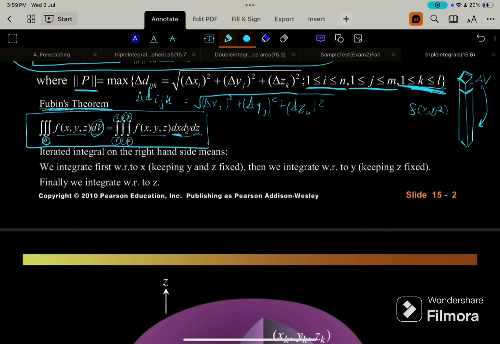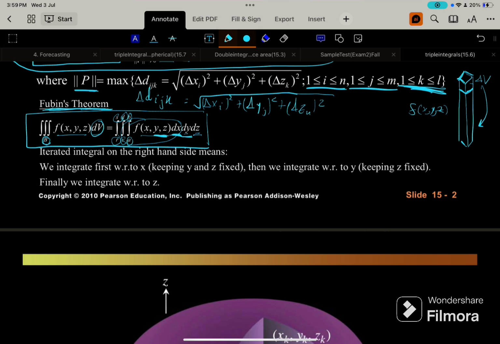And so the iterated integral on the right just means that we integrate with respect to x, but we also keep y and z constant, comparable to a partial derivative, but here we are integrating. So we have dx, we integrate keeping y and z constant, and then the function we get from this, we then integrate with respect to y.